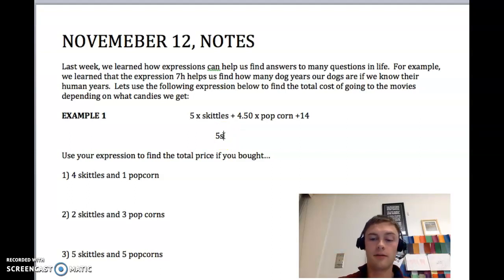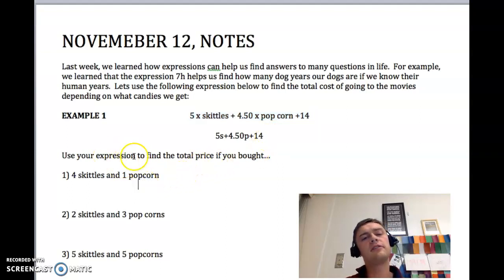Plus 450P plus 14 to finish out that expression. This and this are equivalent. They look different, I know, but they mean the same thing. You can consider them equal, just like 4 quarters equals $1.